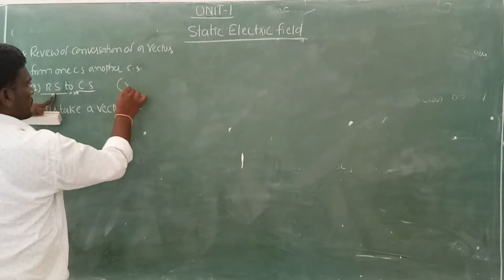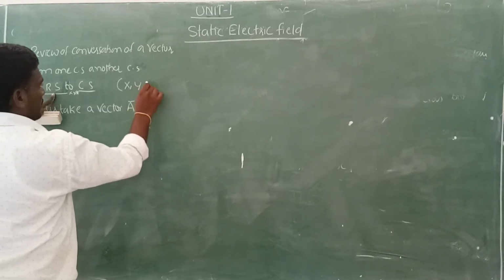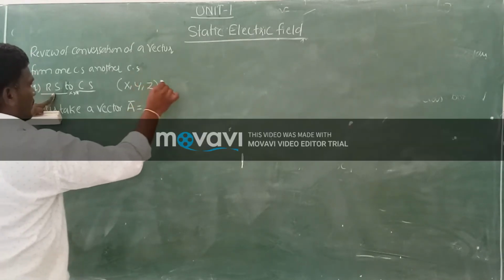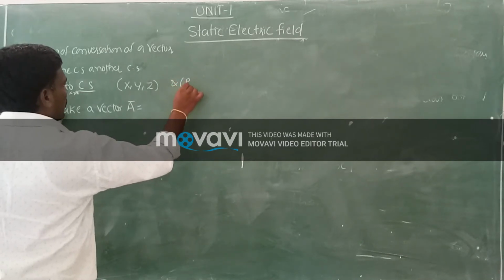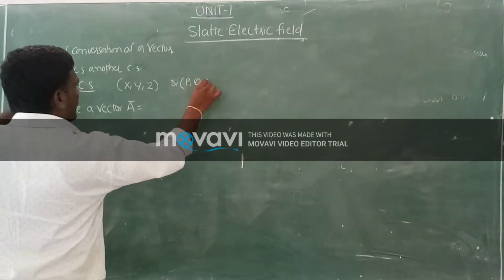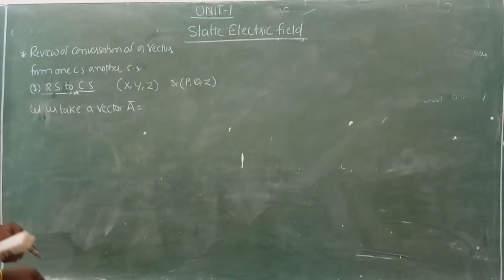The axes used in the rectangular coordinate system are x, y, z. The coordinates used in the cylindrical coordinate system are rho, phi, z.